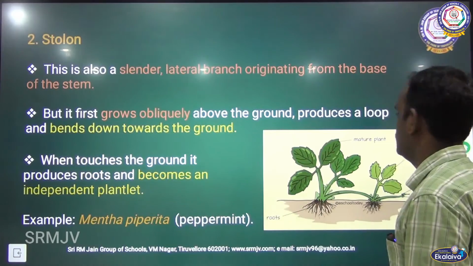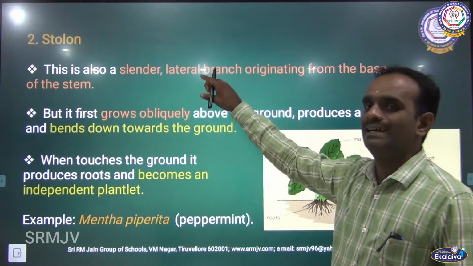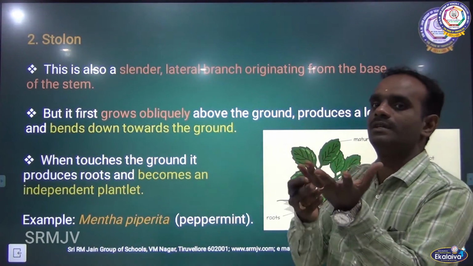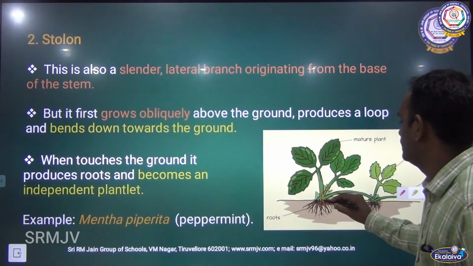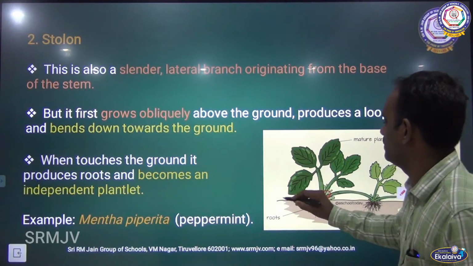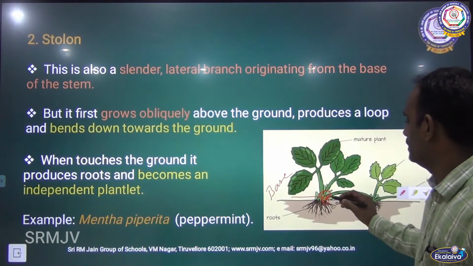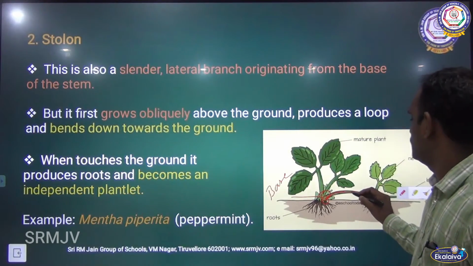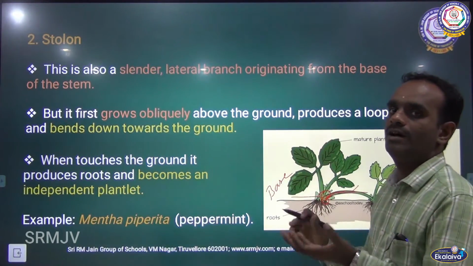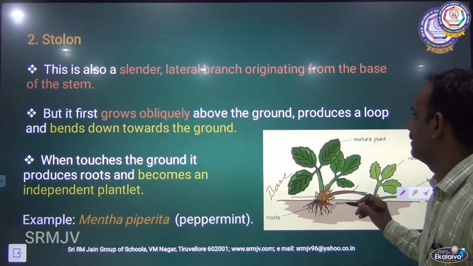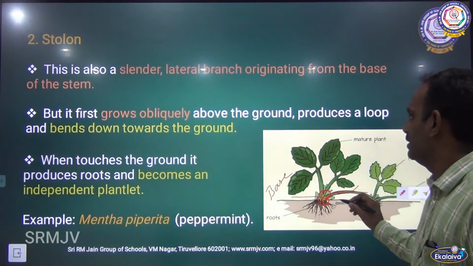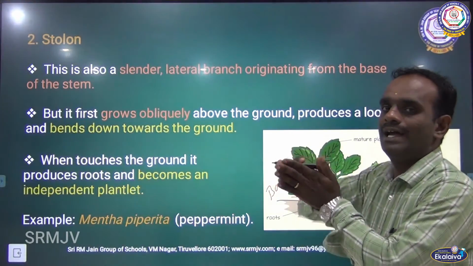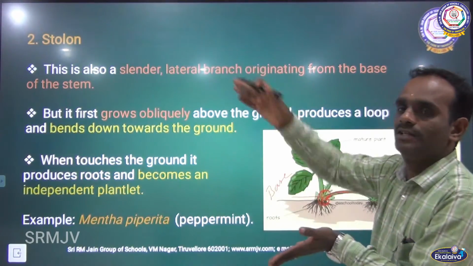Then we move on to stolon. This is also a slender lateral branch originating from the base of the stem. Here the branches arise from the stem base.